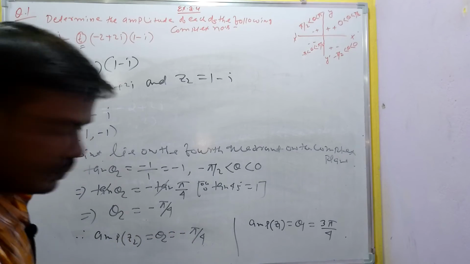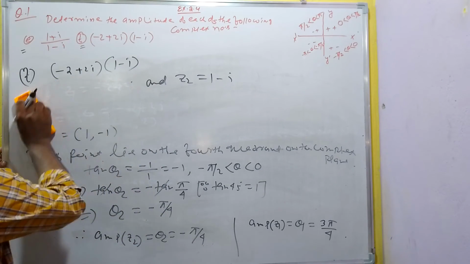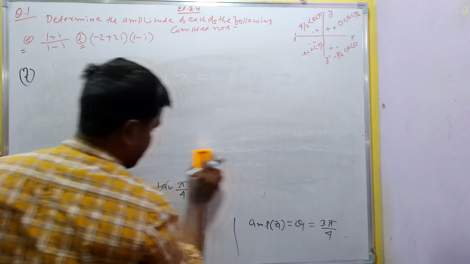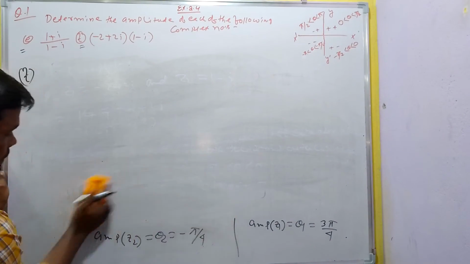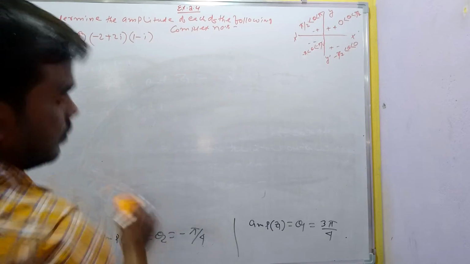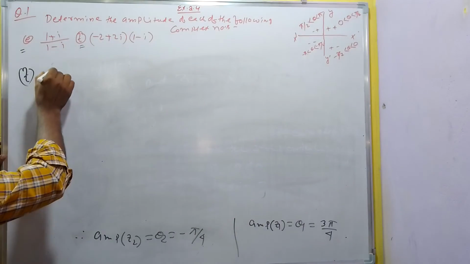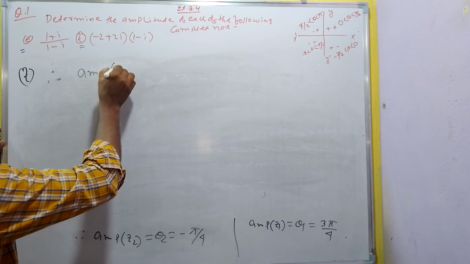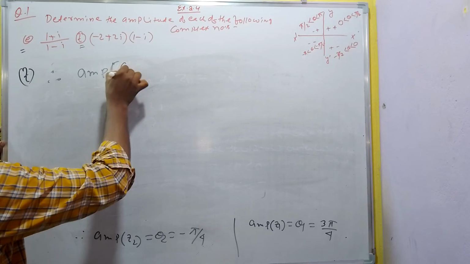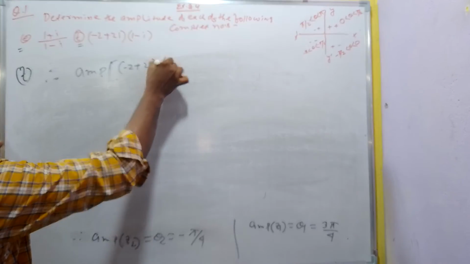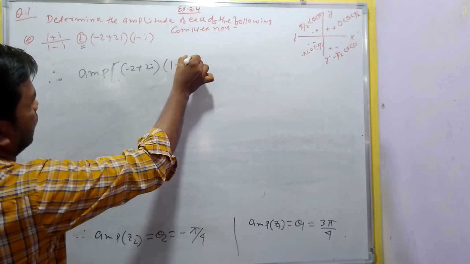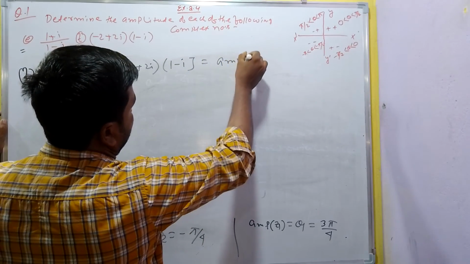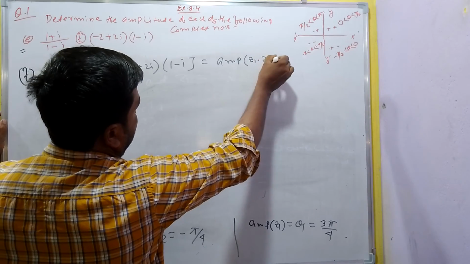Now, therefore amplitude of (minus 2 plus 2i) of (1 minus i) equals amplitude Z1 into Z2.